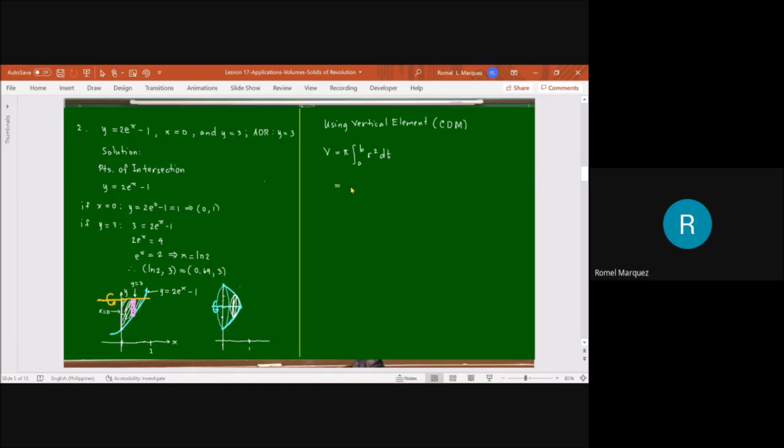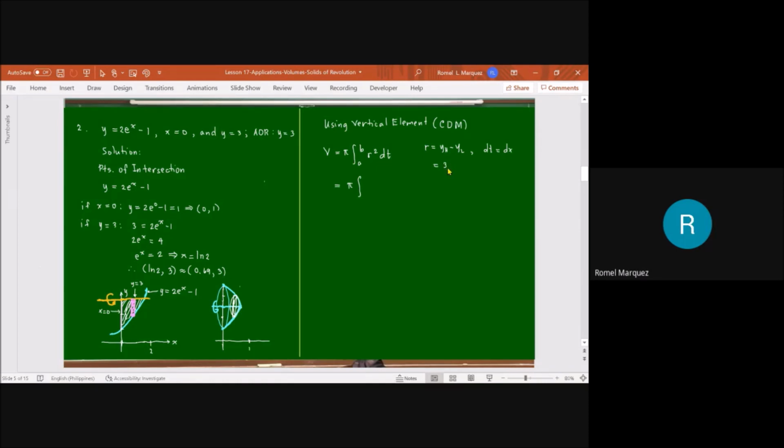And this is equal to pi integral. What is our radius? Y higher this time minus y lower, because our dt is what? Our dt is dx because that is vertical. And then y higher happens to be the line y equals 3.